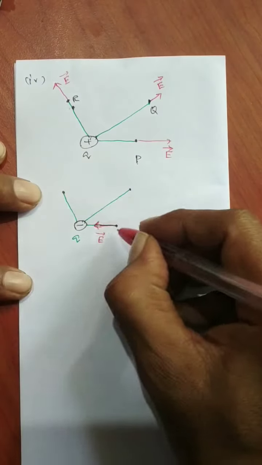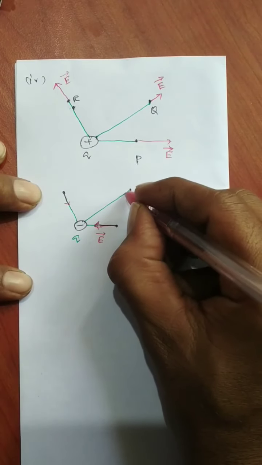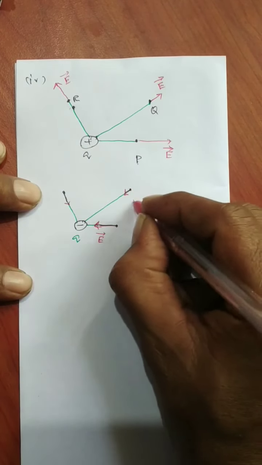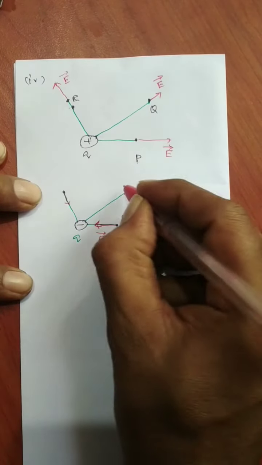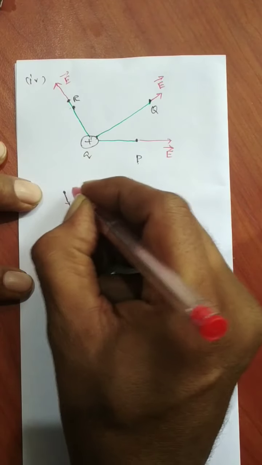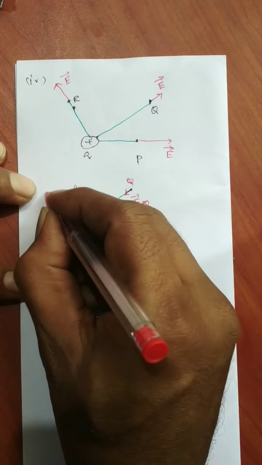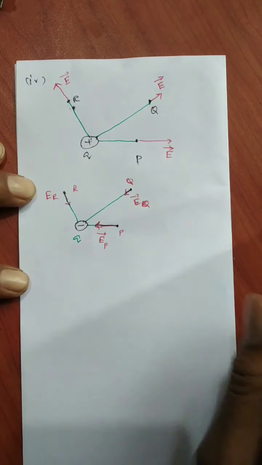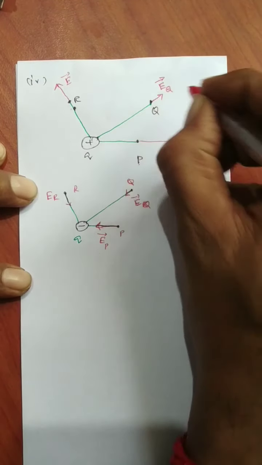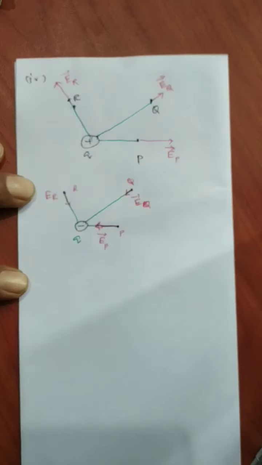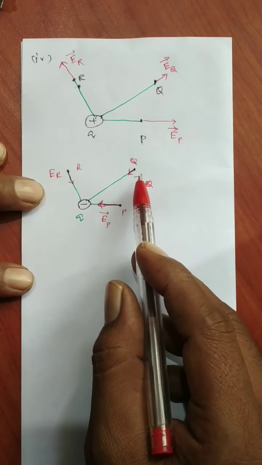At this place it is a little bit smaller, and here smaller still. This is EP, because this is the point P, this is the point Q, this is the point R, so this is EP, this is ER, this is EQ. When the distance is higher, the electric field is reduced.